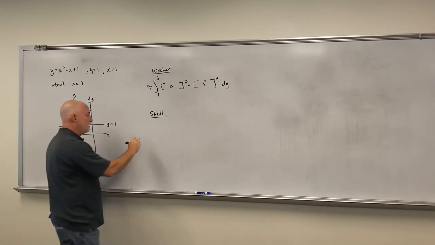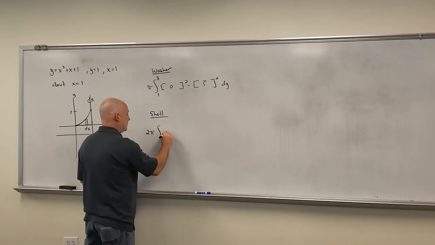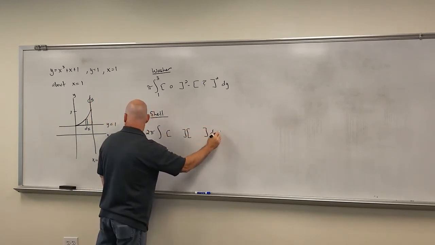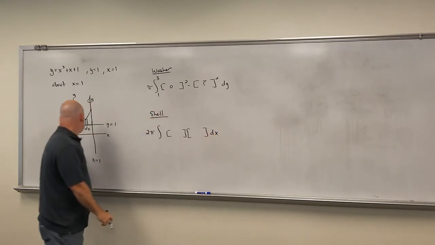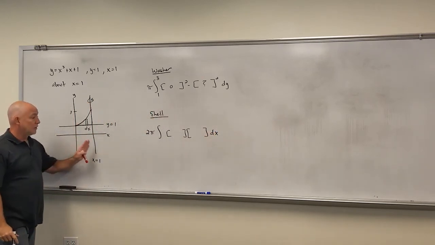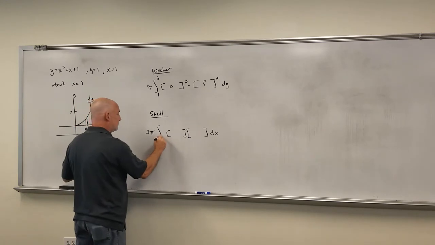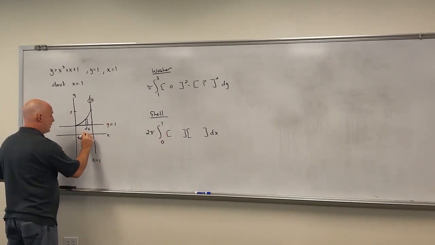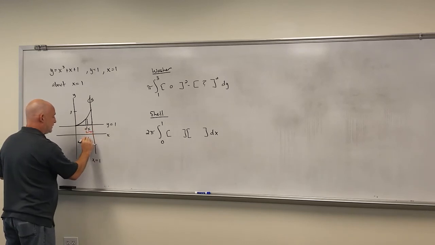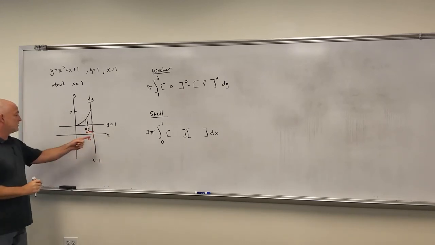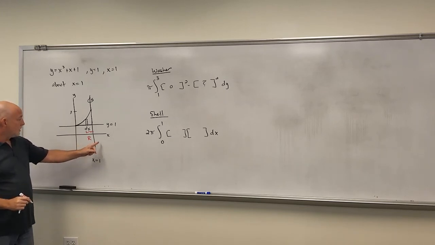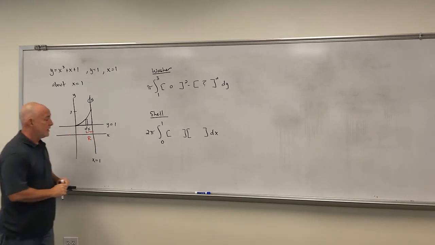So for the form here, we have 2 pi times the integral of a function times another function, dx. We can see in this region, x goes from 0 to 1. All right, first thing we need is what r is. R is the distance from the axis of rotation over to the curve. Since we're measuring from x equals 1, it's going to be 1 minus whatever that x value is.